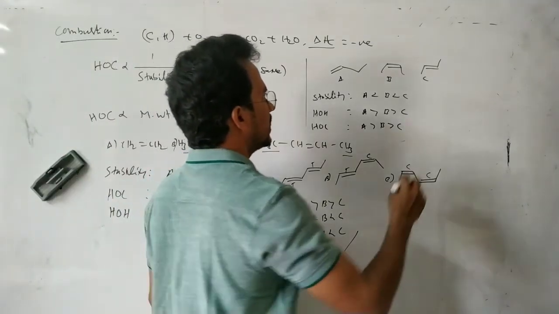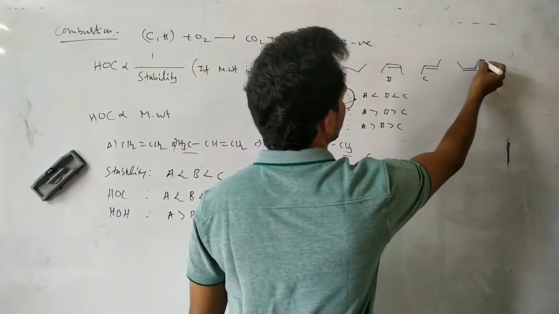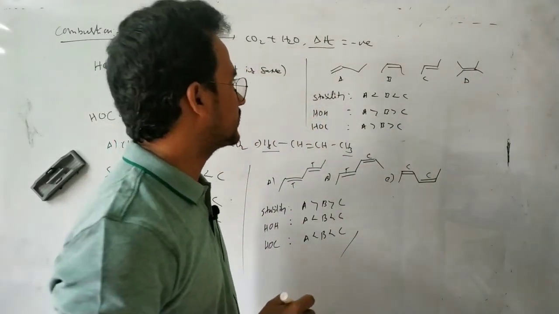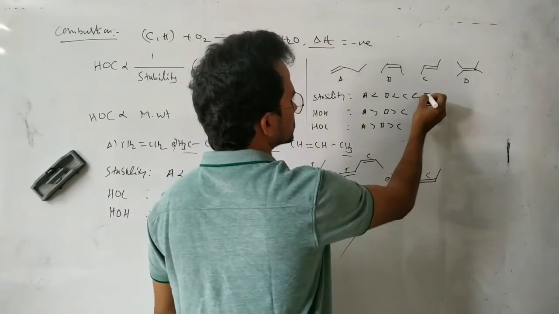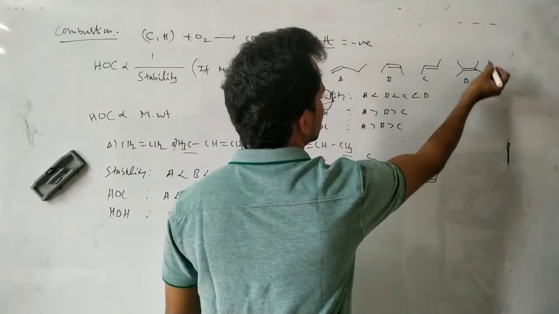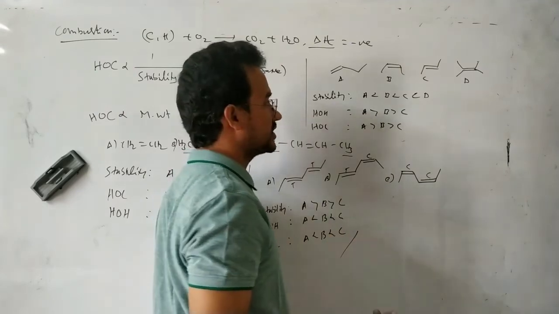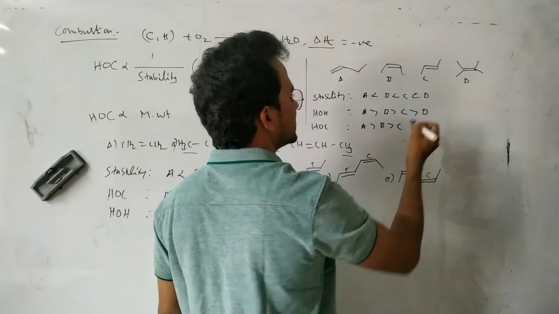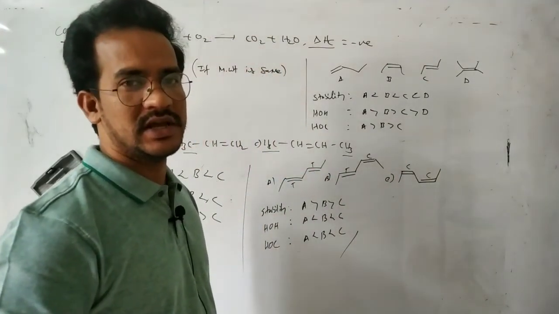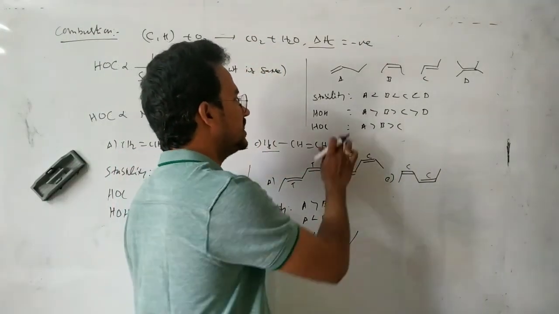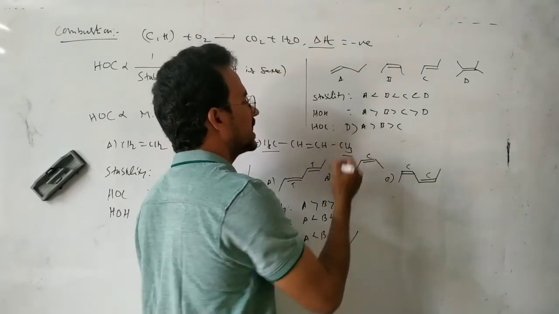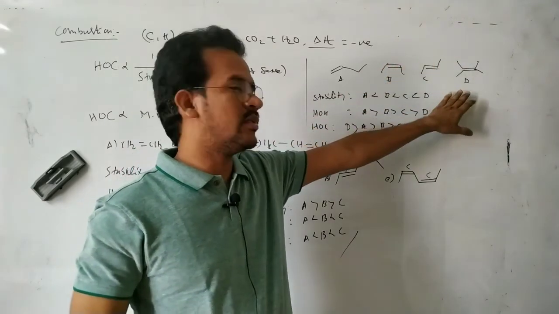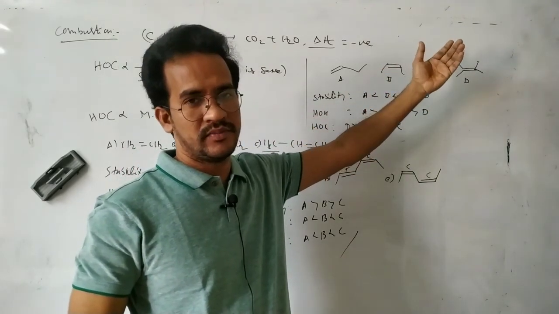Suppose now we add one more compound, D, 2,3-dimethyl-2-butene. Which is more stable? D is more stable because it has 12 alpha hydrogens, more hyperconjugative structures. So its heat of hydrogenation is lower. But coming to the heat of combustion, D has a higher heat of combustion, because the first 3 compounds have the same molecular weight, but compound D has a much higher molecular weight.